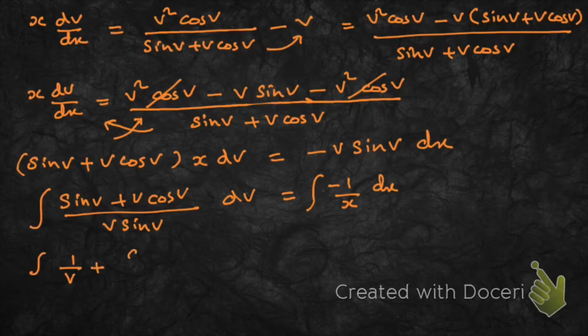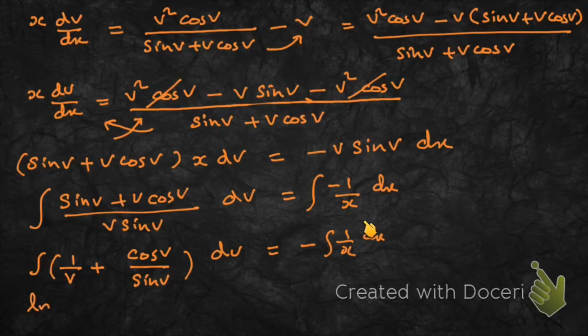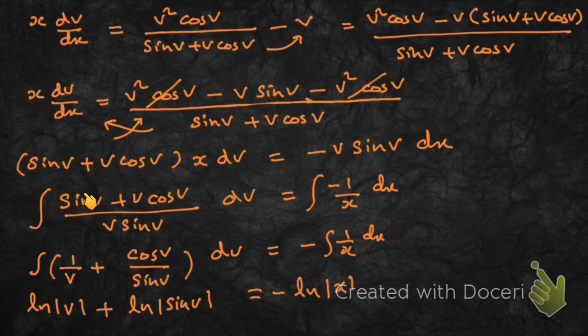Since the variables are separated, now we can integrate both sides. So integrating both sides, integral of the left hand side is equal to integral of the right hand side, but of course I divided them separately. When I divide separately, I get sine v divided by v sine v gives me 1 by v. v cos v divided by v sine v, v and v cancel. I left it as cos v by sine v because I noticed something, that the numerator is the derivative of the denominator.